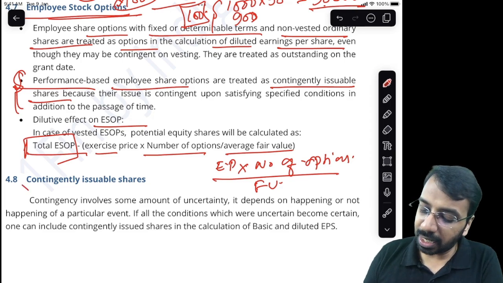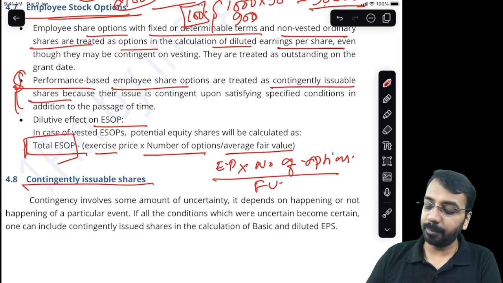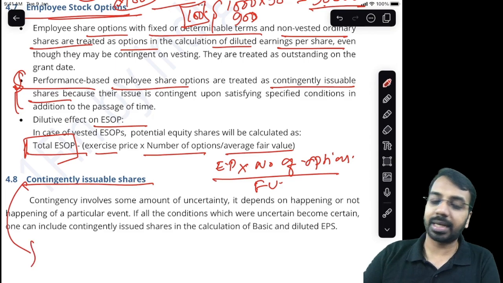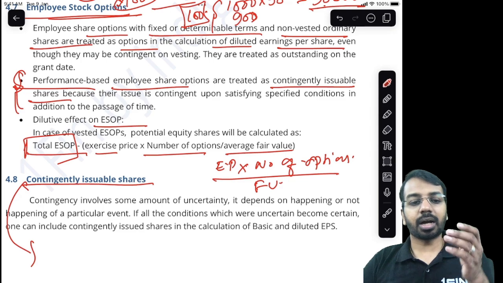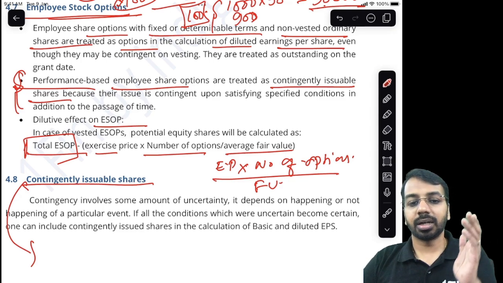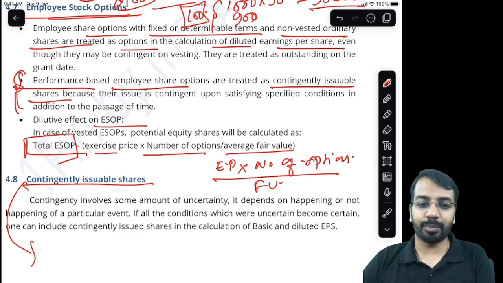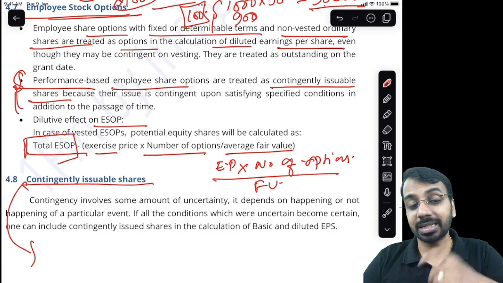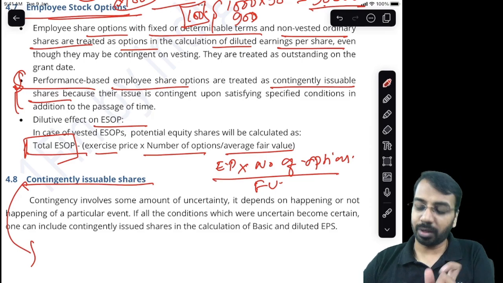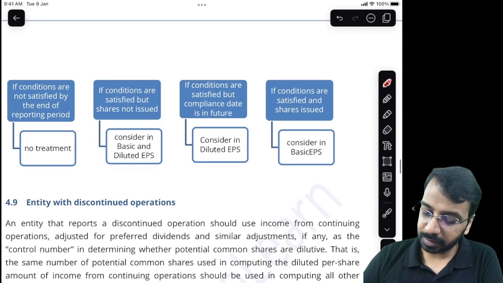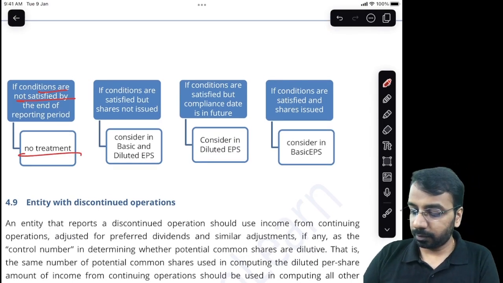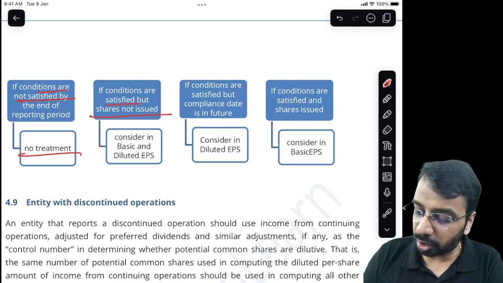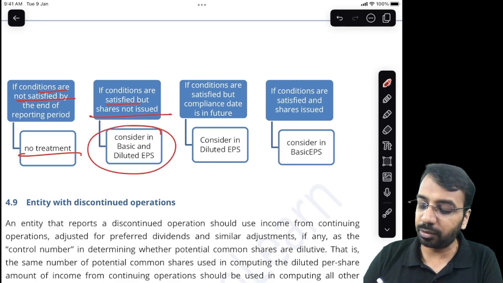If there are contingently issuable shares, then you will not include them in the calculation of basic or diluted EPS if the contingency has not happened. If the contingency has occurred, you will consider them in basic. So the summary here is, if the conditions are not satisfied, no treatment. If the conditions are satisfied but shares are not issued, consider in both basic and dilutive.